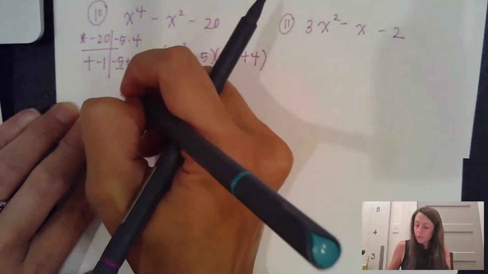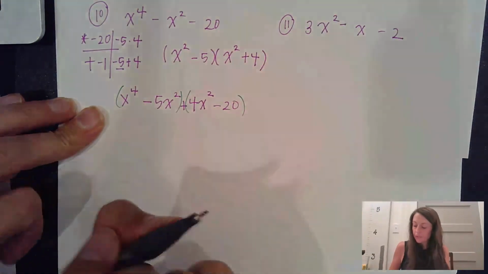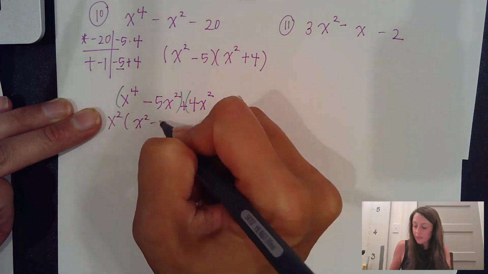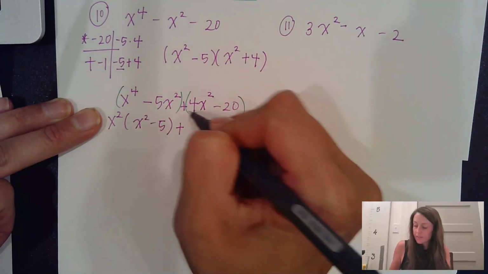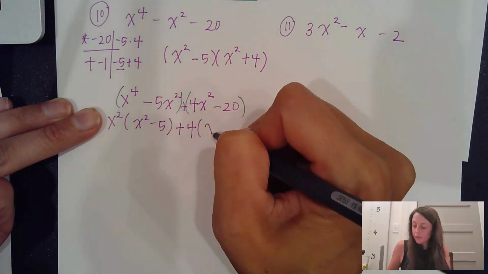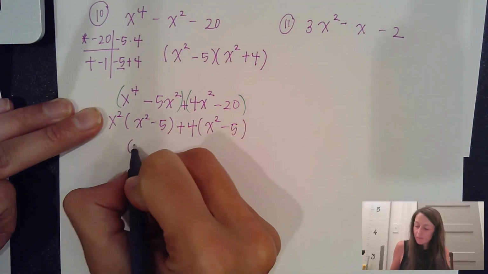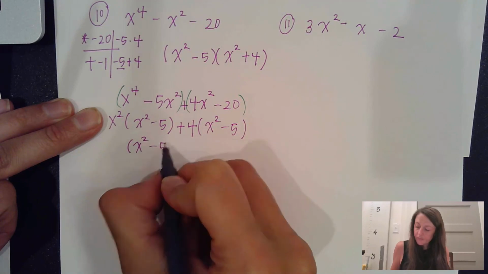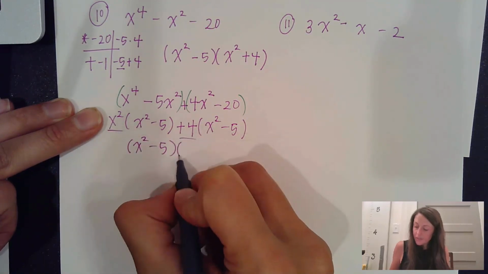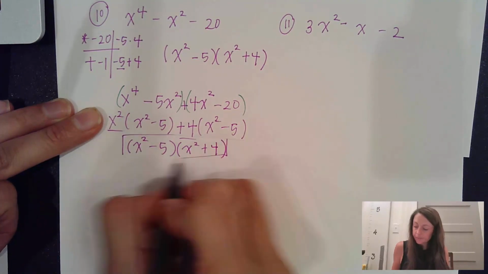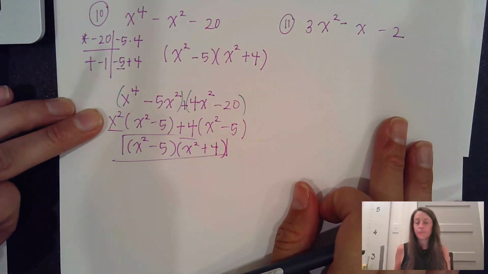And then we've got 4 terms, so we're going to group. Out of the first grouping, I can factor out an x squared, and I'll have an x squared minus 5. Out of the second grouping, I'll factor out a 4, and I will have an x squared minus 5. These are the same, so you'll factor out that x squared minus 5, and you'll have left that x squared plus 4. So there you go. That's how you do it by grouping.